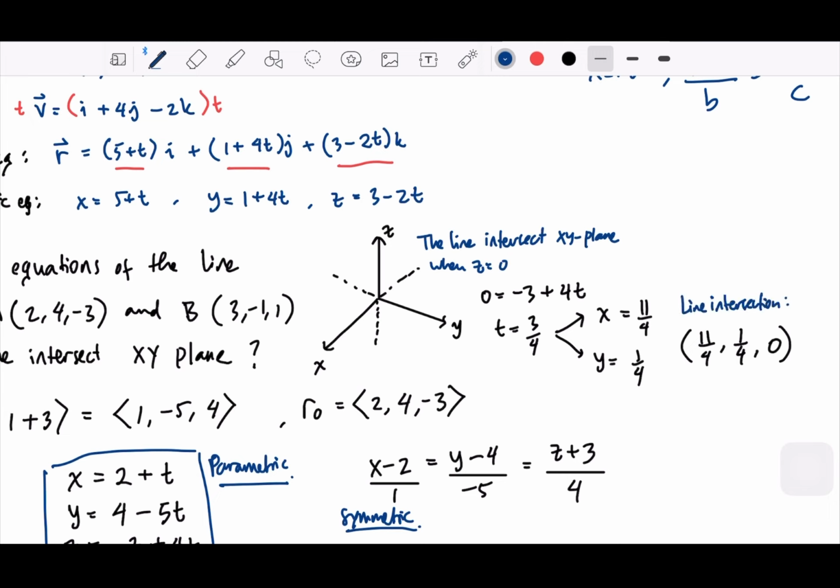So the line segment of vectors AB you can describe in this parametric form, where t is from 0 to 1.